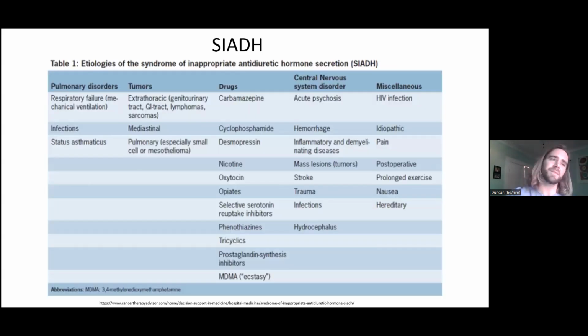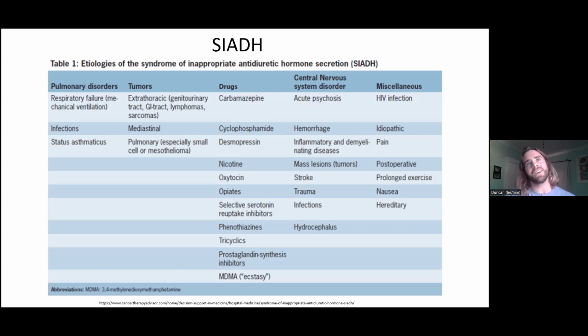As I'm sure everyone has encountered, SIADH can happen for all sorts of reasons in the hospital. Anyone who has something going on with their lungs. In the ICU, I see this all the time: infections, mechanical ventilation, asthma. Any insult to the lungs can cause a stimulus for ADH for reasons we don't fully understand. There's a long list of medications that can cause this. Obviously, look out for SSRIs, and toxic overdoses like with MDMA. A lot of antipsychotics can also contribute.